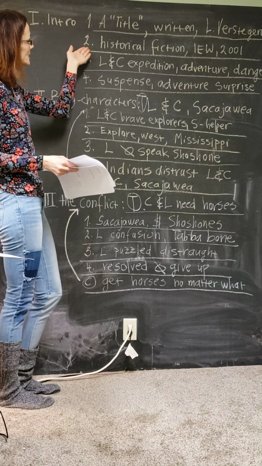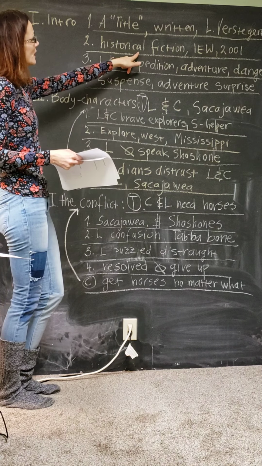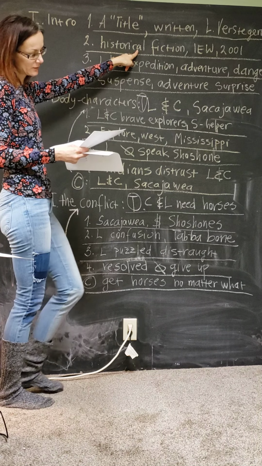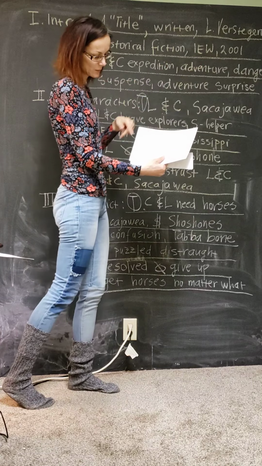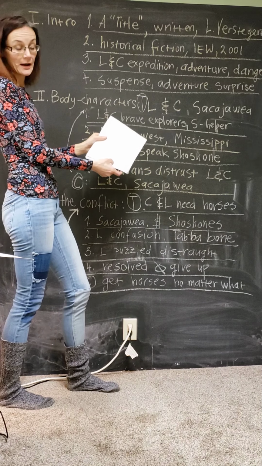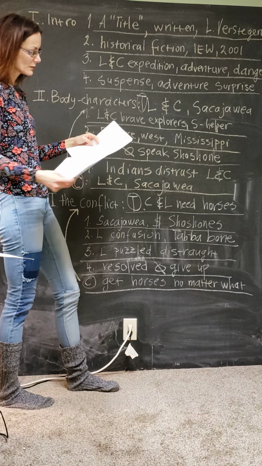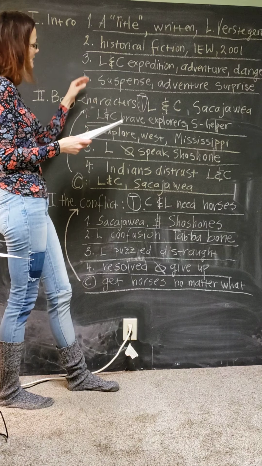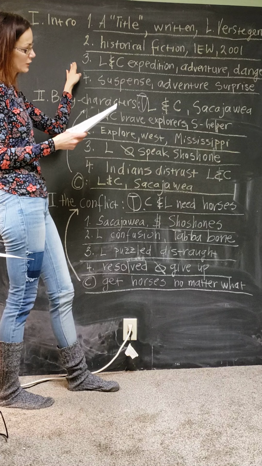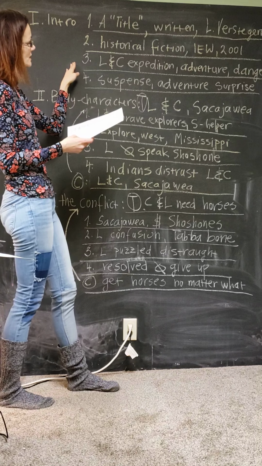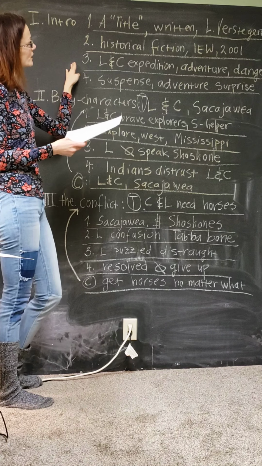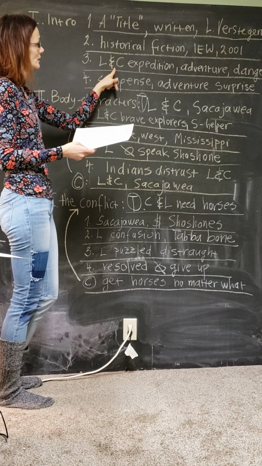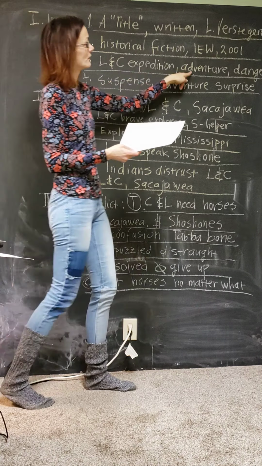Then I would move on to the second sentence, where it says it is a historical fiction story written for IEW class in 2001. I got that information from the bottom of the page. Then the third sentence basically asks you to say the overall background and setting. The overall story is about L&C, that is Lewis and Clark, that's my symbol here, expedition, adventure, and danger.